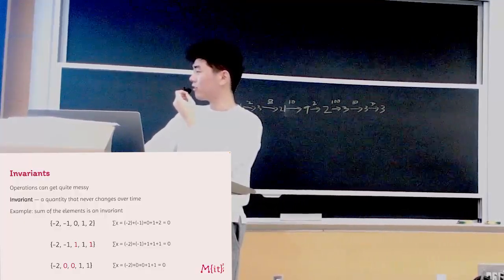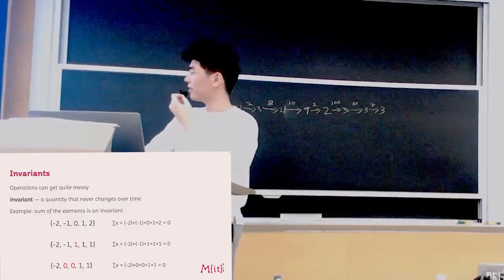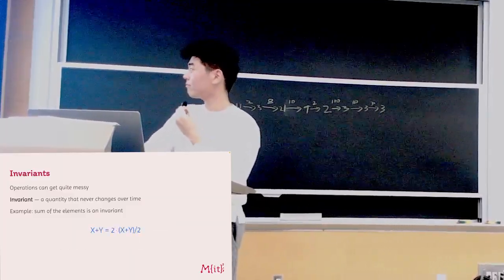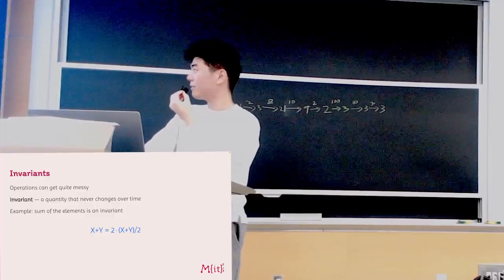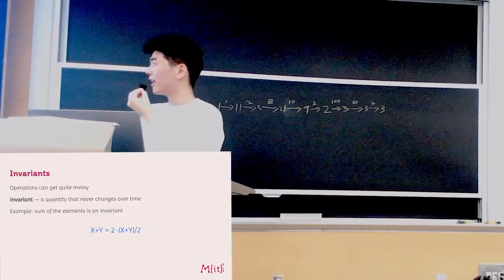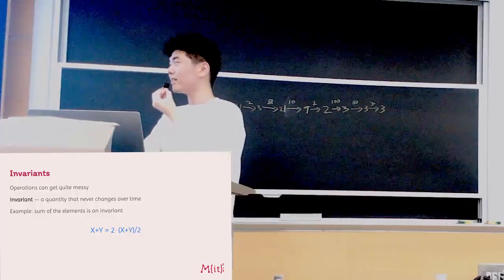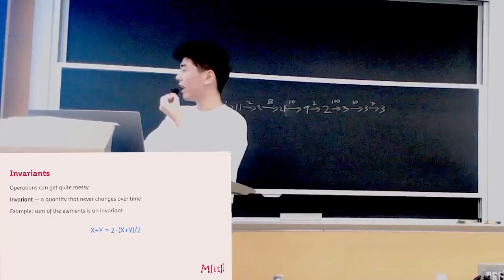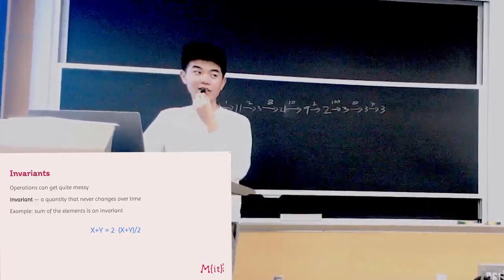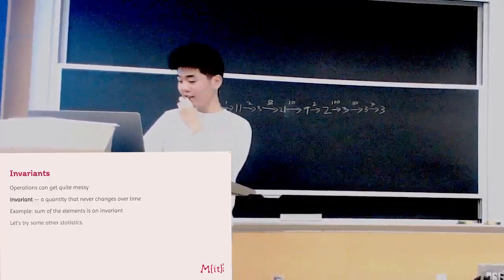And after all these operations, the sum is still 0. You can easily show this by seeing that x plus y is equal to 2 times (x plus y) over 2, which is basically removing x and y from the set and inserting two copies of (x plus y) over 2. So these just cancel each other out and don't change the sum.